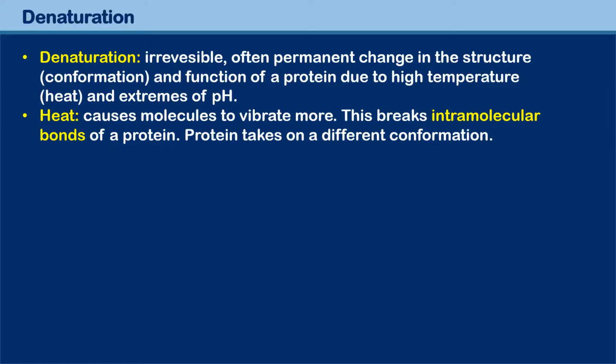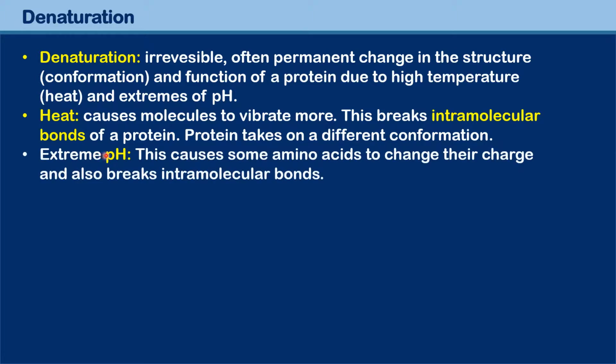So you have to imagine that proteins are not static, but they're kind of vibrating. And if you make them vibrate too much because of heat, then you can essentially end up breaking the bonds, and then the protein refolds and it doesn't work anymore.